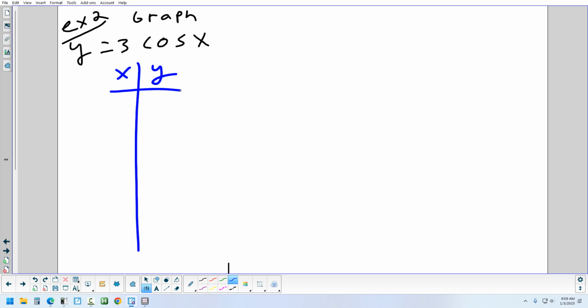Which direction? A vertical stretch. Right, it's a vertical stretch because we're multiplying by a number. That means it's a stretch, and it's outside of the argument. Okay, that's your argument, and it's not inside there. We are going to do inside there, but that's next. Okay, so we know it's a vertical stretch. Nick, which column here is going to stay the same? X. X, we just said what those were.